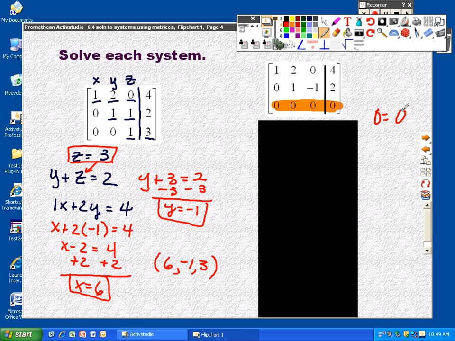If you have 0 equals 0, what does that mean? That it is a true statement, and there are infinitely many solutions. Okay? In this equation, we have y minus z equals 2. And here we have x plus 2y equals 4.